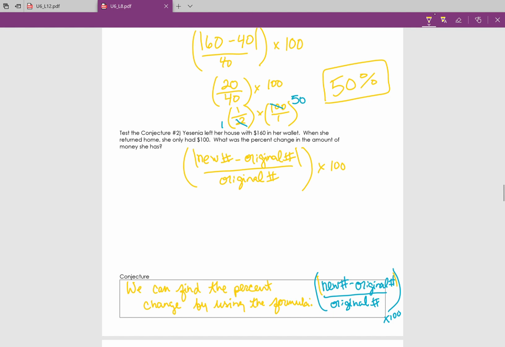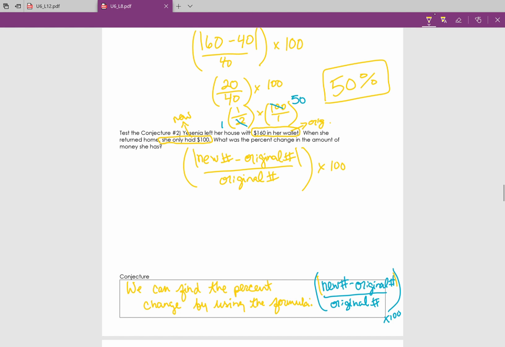It says that she left her house with $160. So she started with that, and that's our original. And then when she returned home, she only had $100. So this is her new amount. Now let's go ahead and substitute.